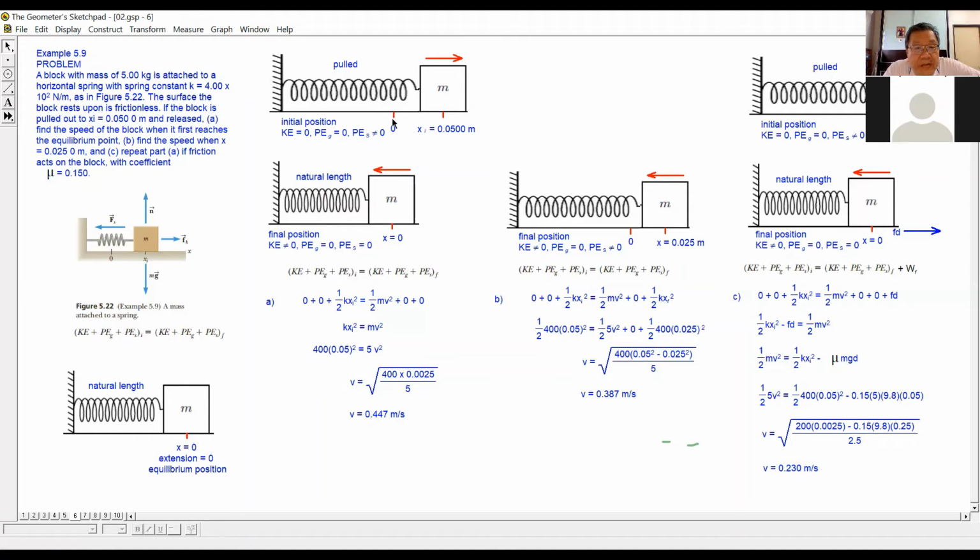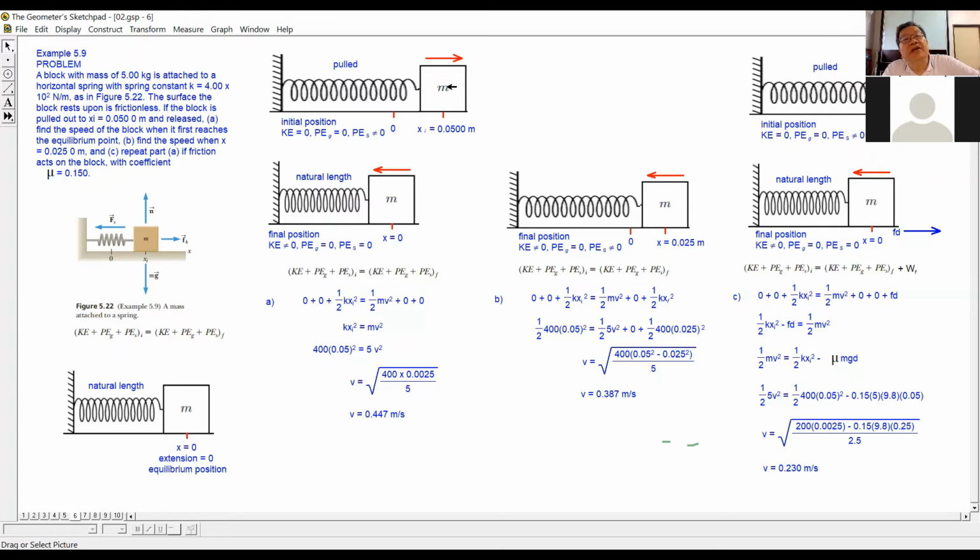Now what is this? From the equilibrium position, the block is pulled over a distance from this red mark here until this red mark here. The first red mark is the 0 position. The second red mark is the xi. The xi is the position 0.05. So we call this position the initial position of the block.